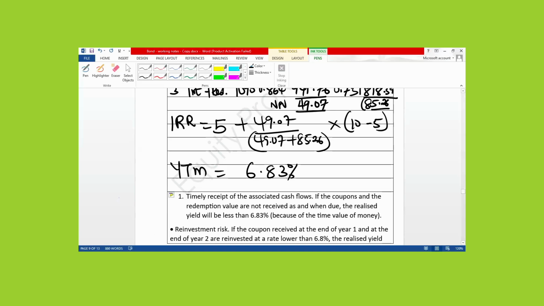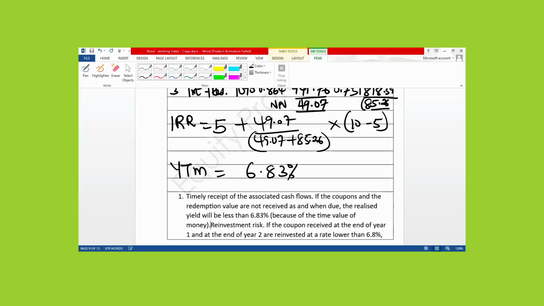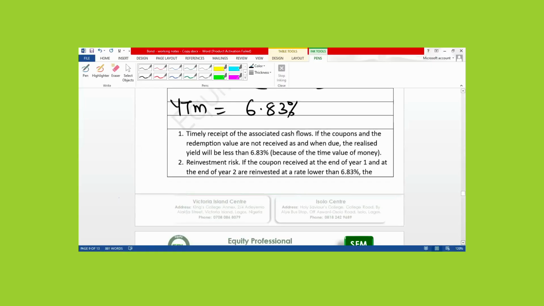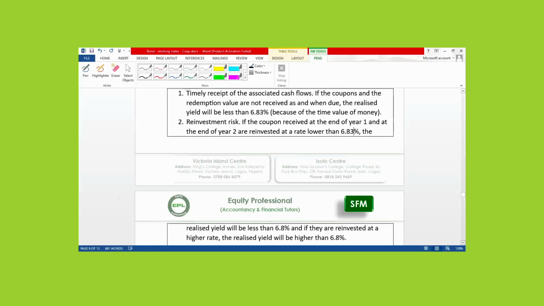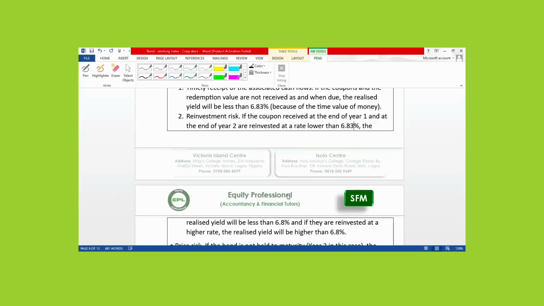Number 2 reason, reinvestment risk. If the coupon interest received at the end of year 1 and at the end of year 2 are reinvested at a rate lower than the YTM, at a rate below 6.83, then the realized yield will be less than 6.83.